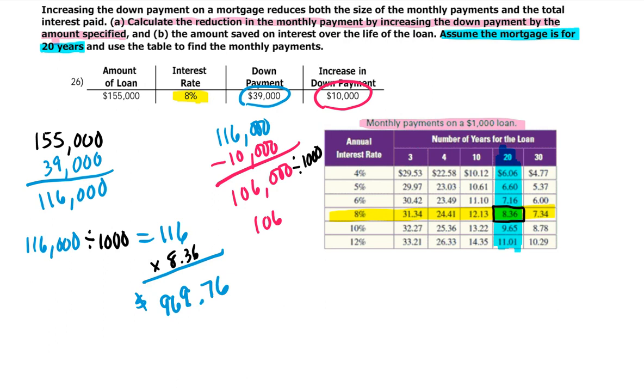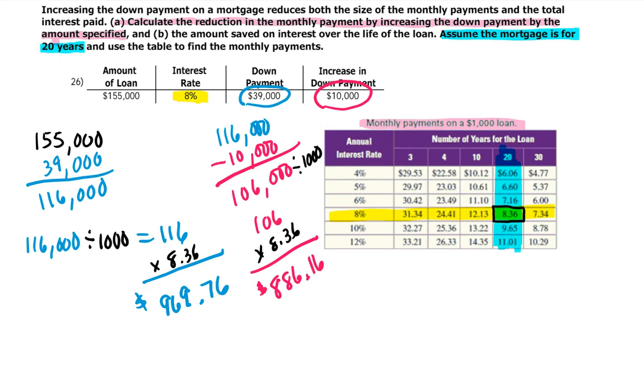And you're going to multiply that times the 8.36. And now your monthly payment will be $886.16.